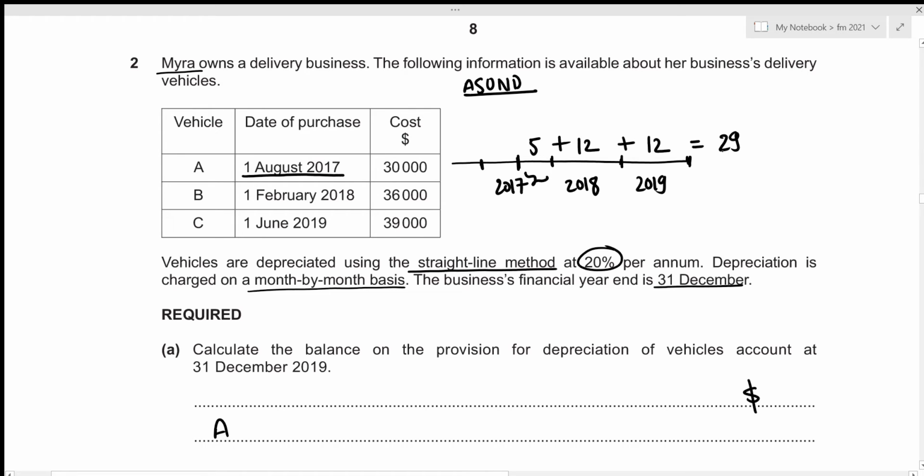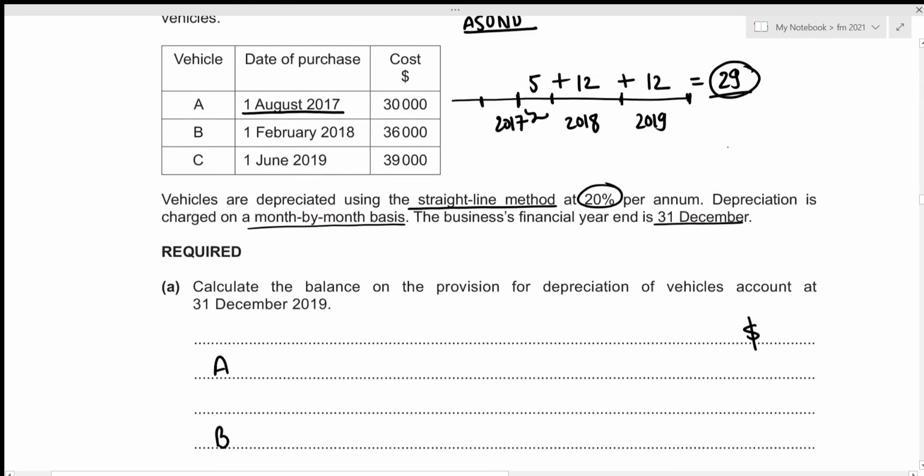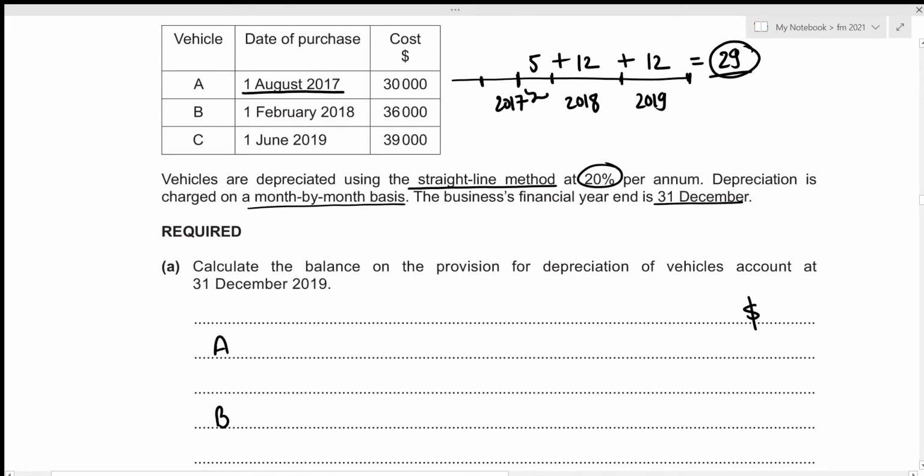So we used vehicle A for 29 months and we're going to figure out the total depreciation for these 29 months, which will act as our provision for depreciation. Let's do that. Since we know that the depreciation method is straight line, we can just multiply our rate of depreciation to the cost, which in this case will be 30,000 times 0.20, which is 20%. But remember that this will give the depreciation charge for 12 months, but we require our monthly depreciation so that we can multiply it by our number of months, which is 29.